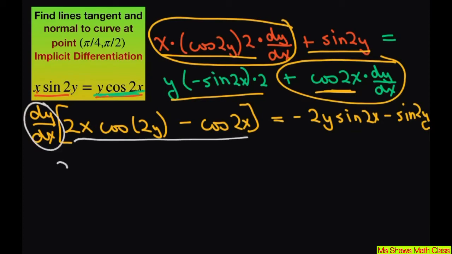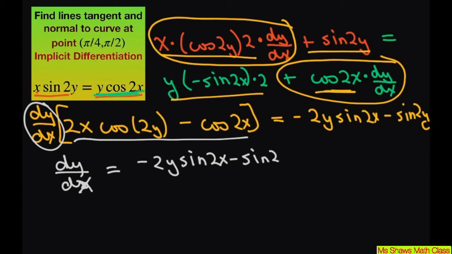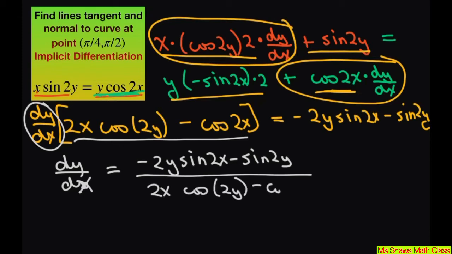So dy/dx equals negative 2y sine of 2x minus sine of 2y, divided by 2x times cosine of 2y minus cosine of 2x.